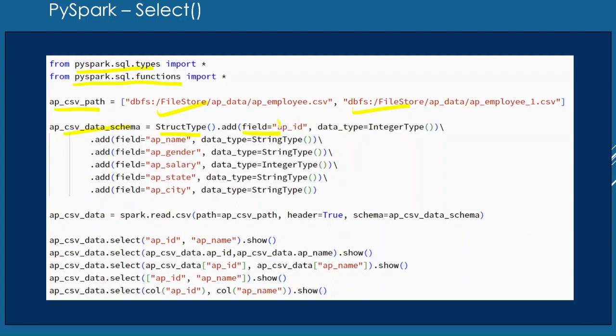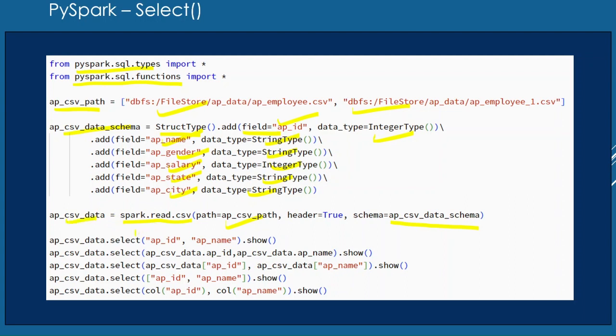I am defining the column name and data type for each of the columns. With the help of the spark.read.csv function, using the list variable which has the address of the CSV file and this custom schema which has 7 columns and their data types, we are reading the CSV file and creating this data frame.